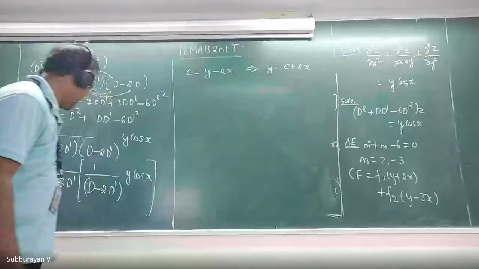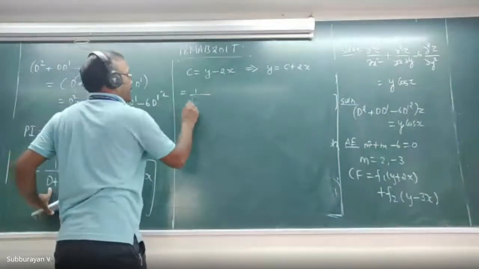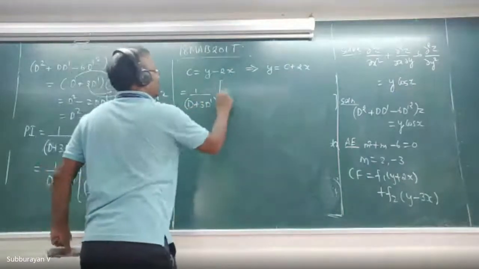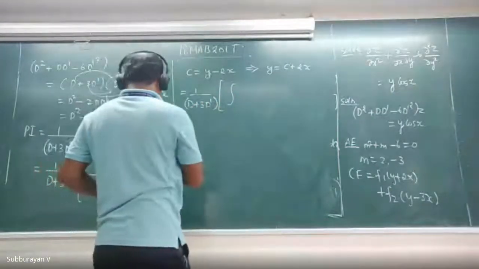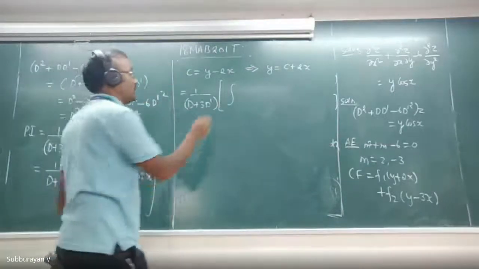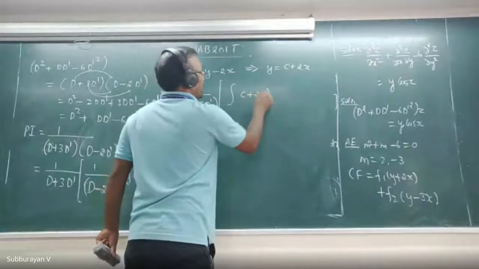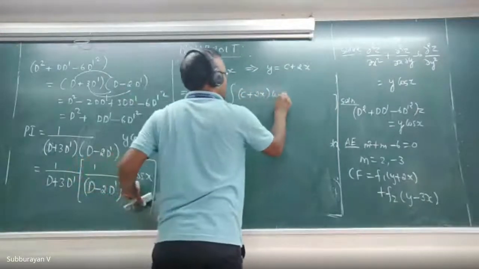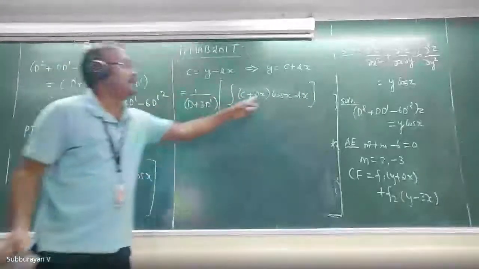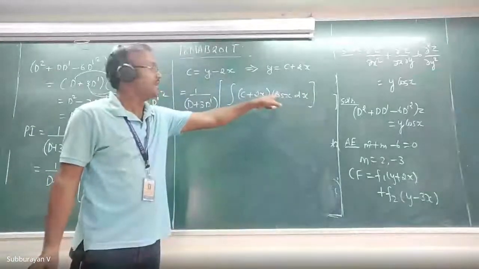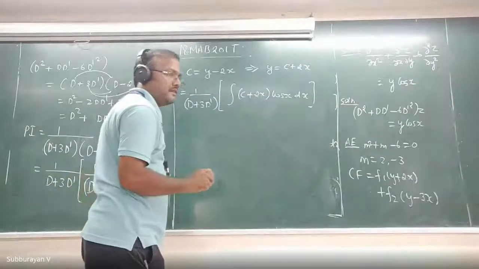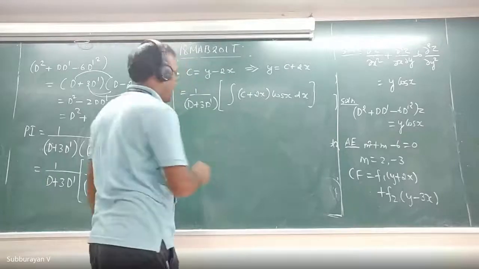Therefore this becomes 1 divided by D plus 3D dash into the integral, where y has to be replaced by c plus 2x. So c plus 2x into cos x into dx. There is no y here. We can easily integrate this. Now, there is a very famous formula, Bernoulli's formula.